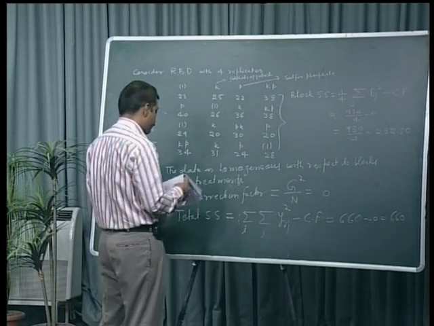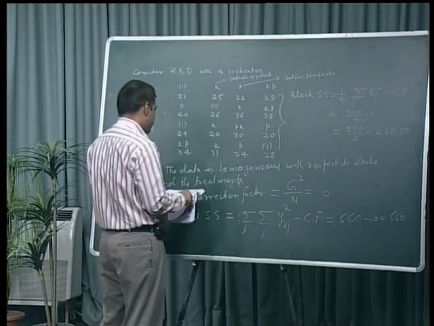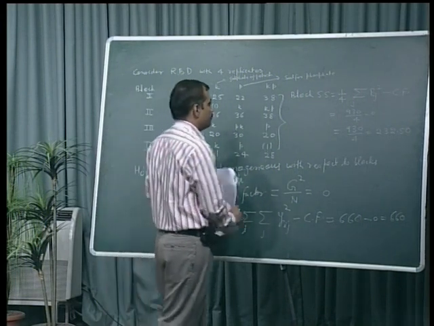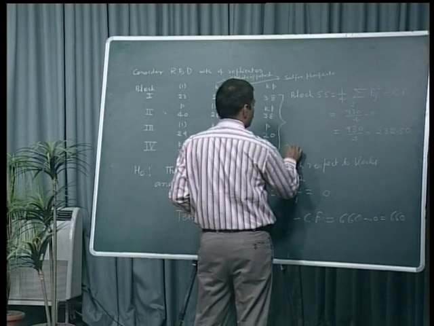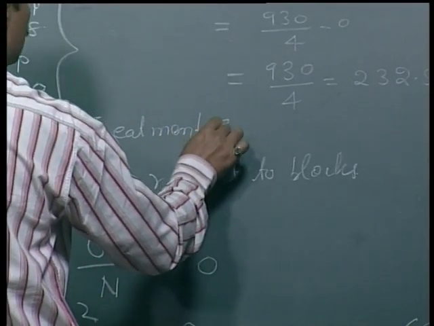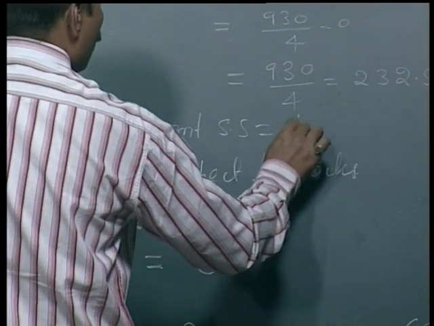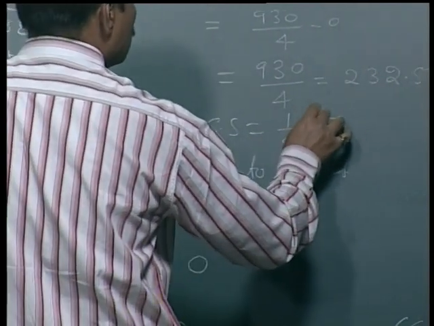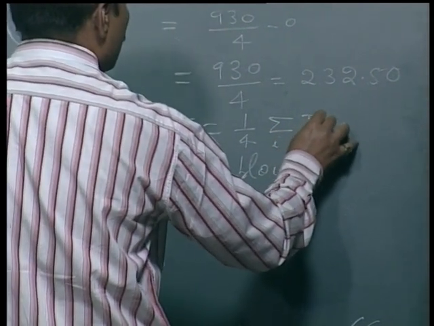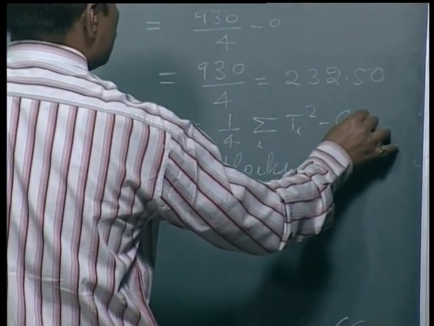And the treatment sum of squares is 1 by 4 summation over i of ti square minus CF.